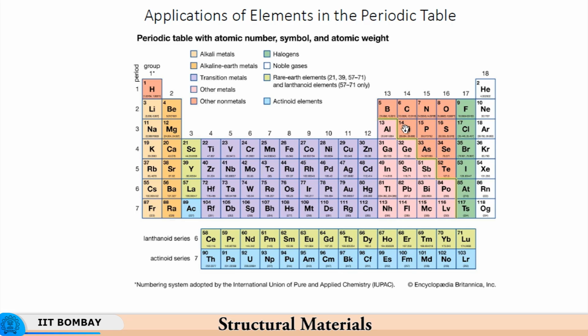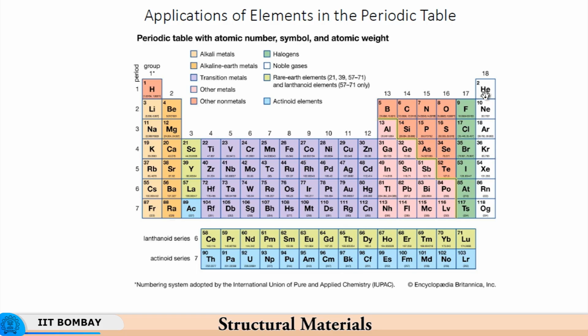They are more of functional materials, although carbon can also be used for structural applications, lead. So these are some of the structural materials which have strength under different conditions. So these are used as metals, and even better used as alloys.